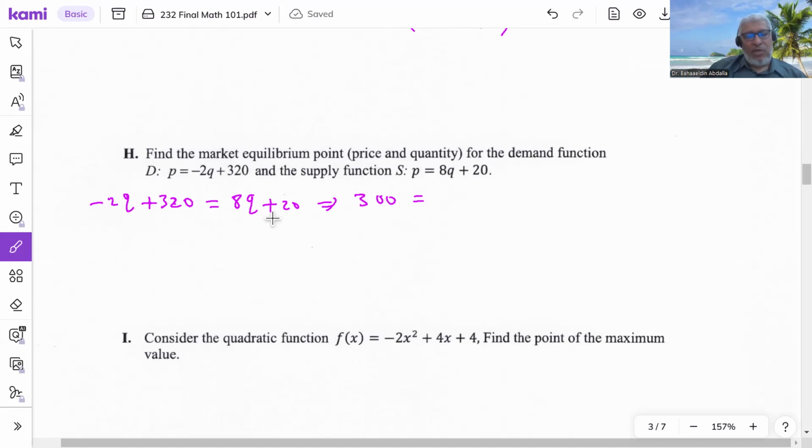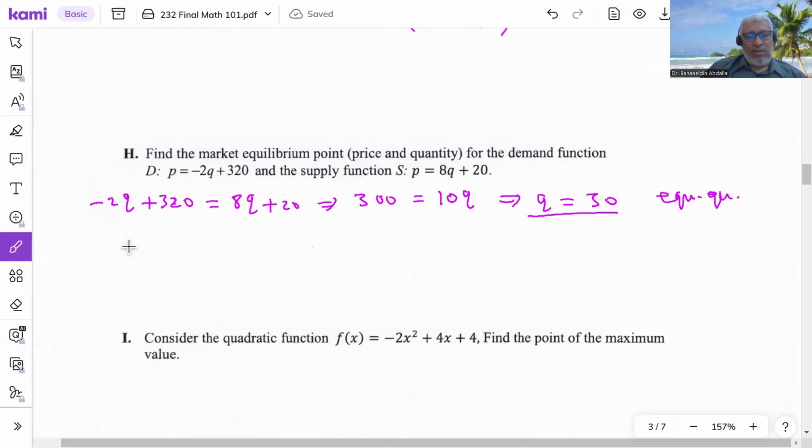And negative 2Q, take it to the right-hand side. Add it to 8. 8 plus 2 is 10. 10Q. So Q is 300 over 10, which is 30. So this is the equilibrium quantity. And to find the equilibrium price, I replace Q by 30, either here or here.